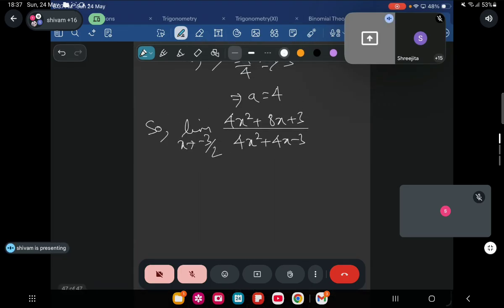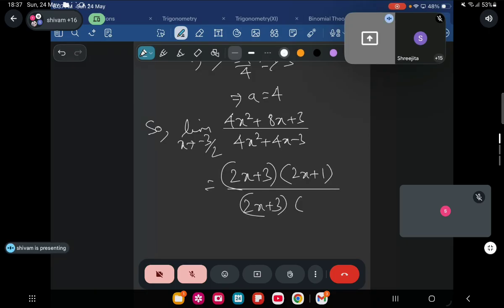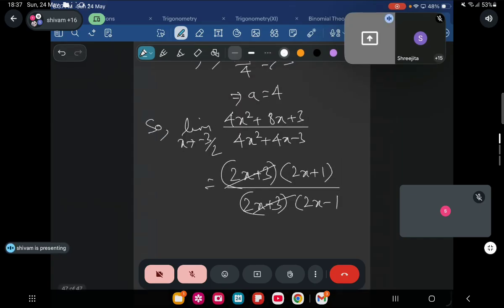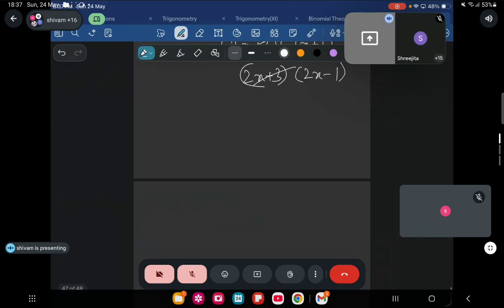Okay, we can factorize. Right, on factorization, what do we get? 2x plus 3 into 2x plus 1, divided by 2x plus 3 into 2x minus 1. So these 2 get cancelled. You are going to get 2x plus 1 by 2x minus 1.